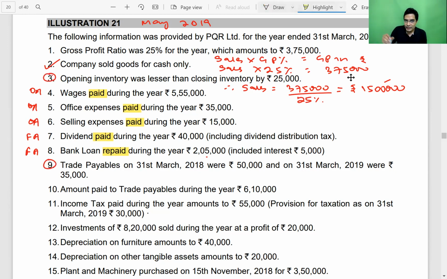Now, they have directly given us the amount paid to trade payables. So if they have already directly given us the amount paid for trade payables, we need not prepare the creditors account to find out the amount paid to trade payables.